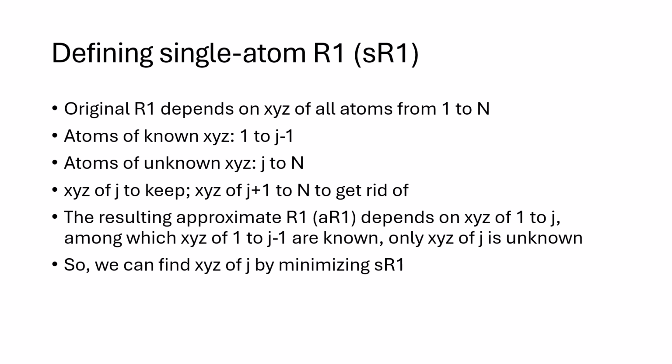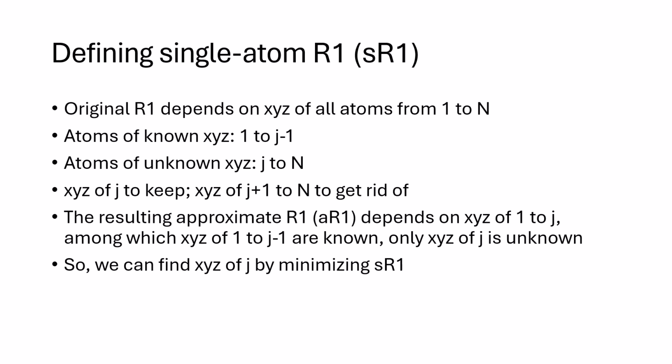For the remaining undetermined atoms from j plus 1 to n, we do not want to deal with them at this point. So we delete all terms in the R1 factor that are dependent on the coordinates of these atoms.